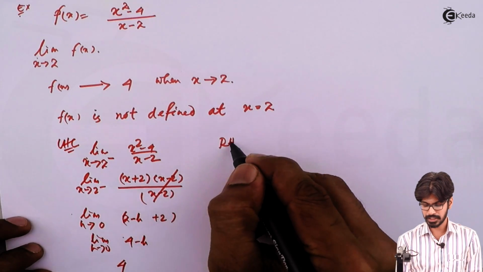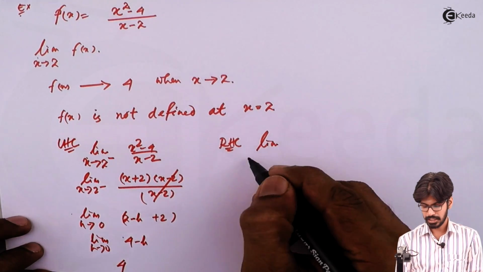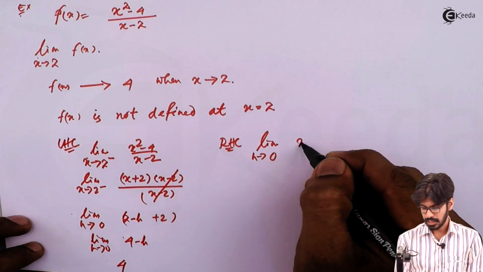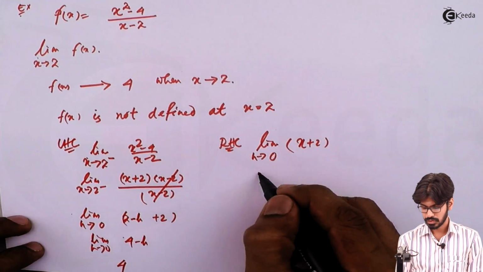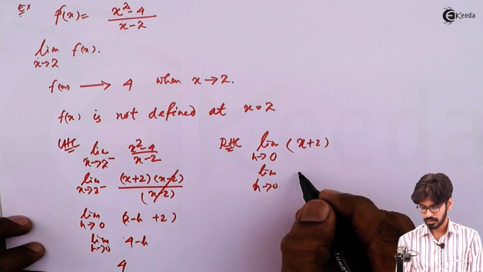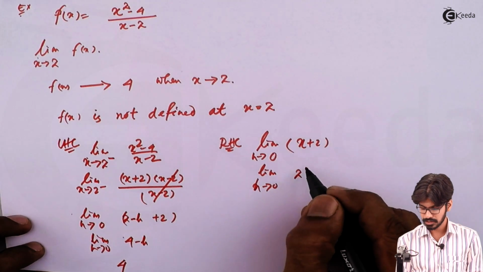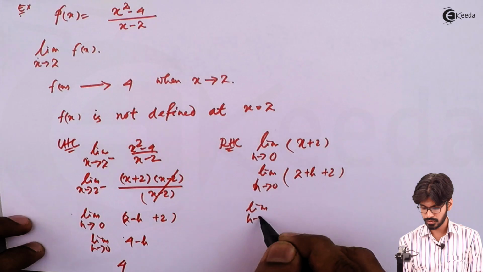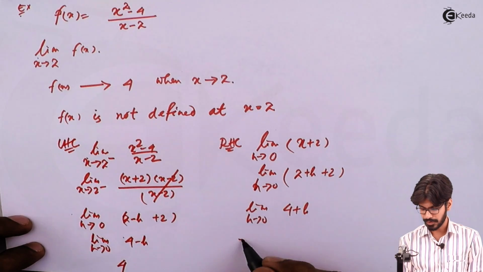Similarly, RHL for this function, limit h tends to 0 of x plus 2. In place of x we will put 2 plus h, plus 2, that is equal to limit h tends to 0 of 4 plus h. So the final value is 4.